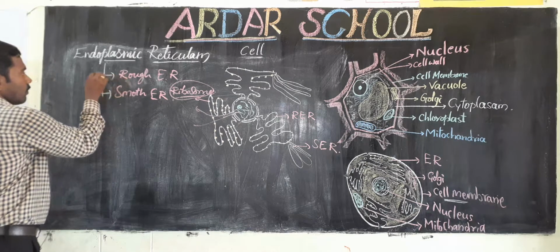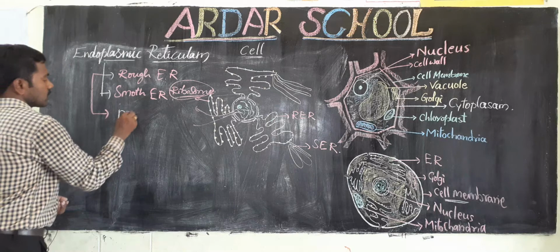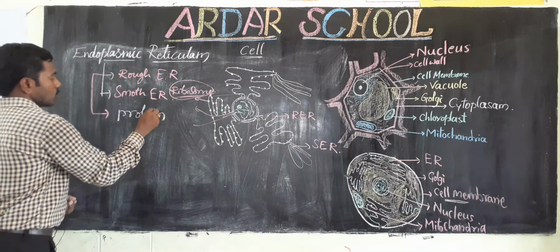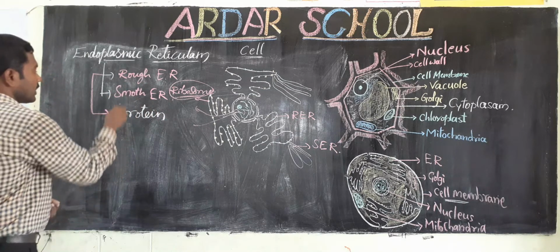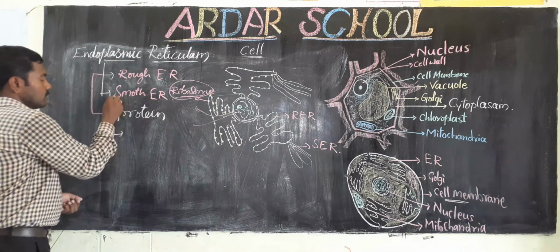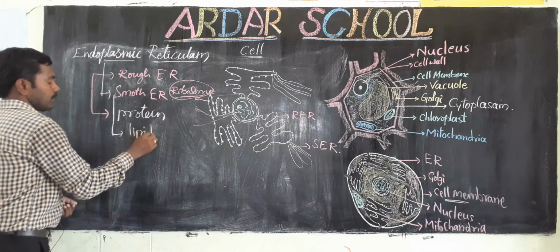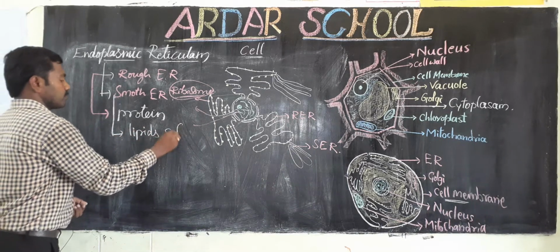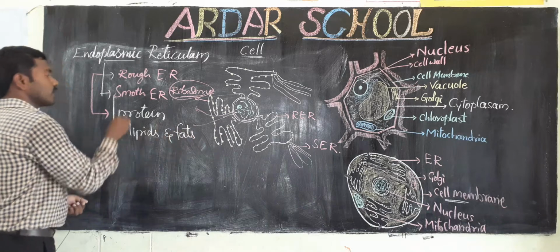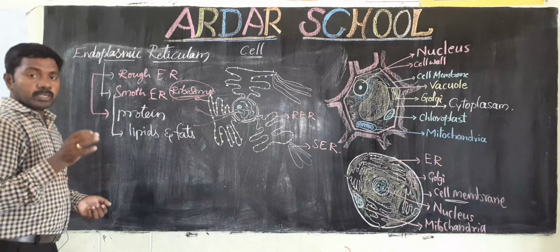So the rough endoplasmic reticulum is also doing protein synthesis. But what is the main function of the smooth ER? It can synthesize lipids and fats. That is the main function of the smooth endoplasmic reticulum.